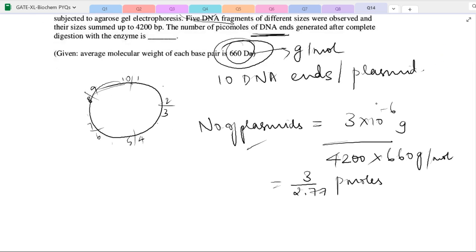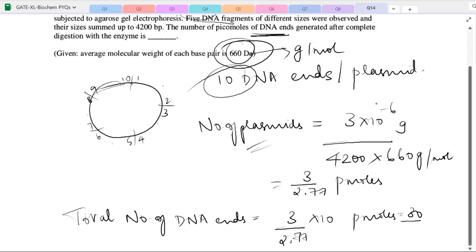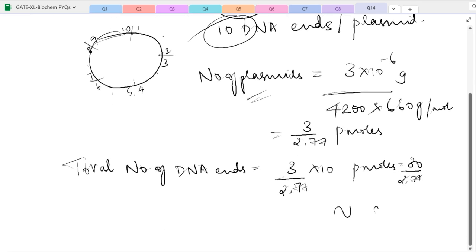However, this is the number of plasmids, and each plasmid has 10 DNA ends. So the total number of DNA ends will be equal to 3 by 2.77 into 10 picomoles. That will be 30 by 2.77, which is approximately 10.8.